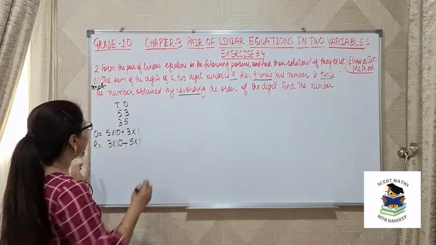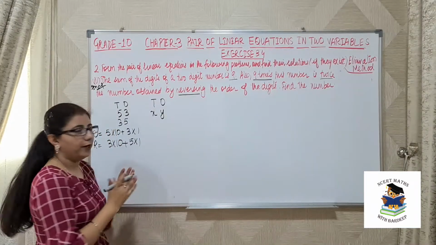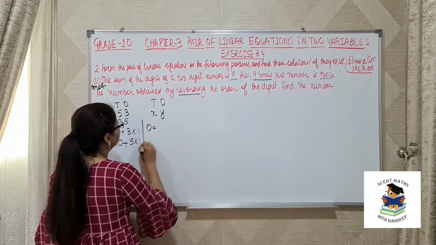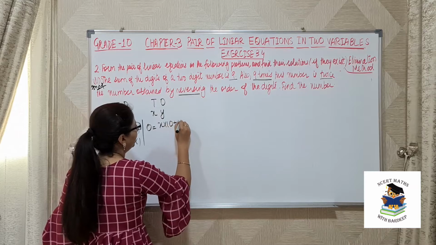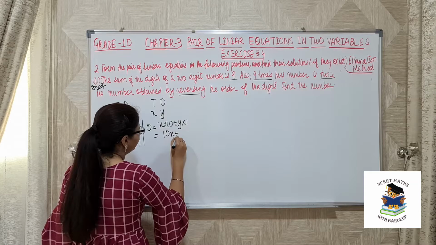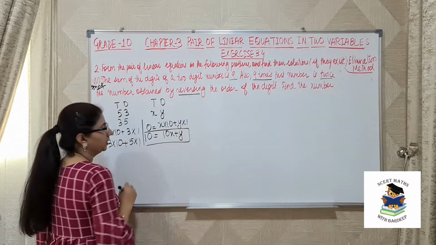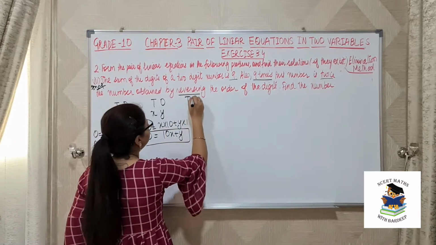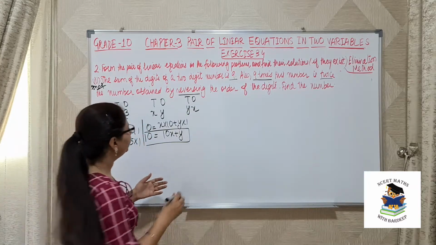So now if I take x and y, my original number should be x multiplied with 10 and y multiplied with 1. So 10x plus y is my original number. And if I reverse the digits, then the number will be y and x. So how to obtain this number?